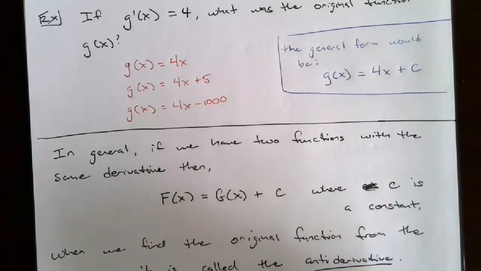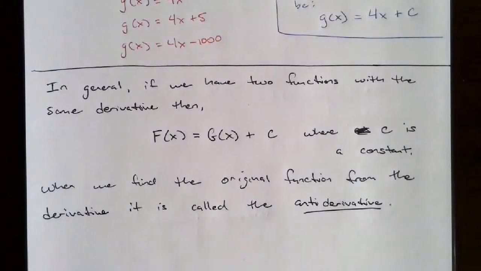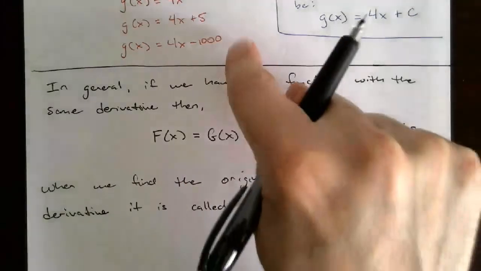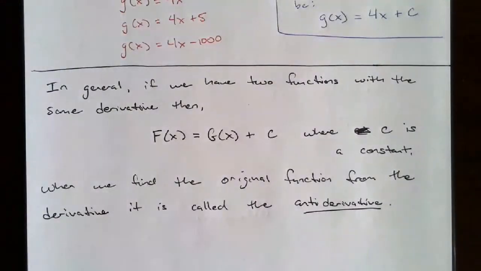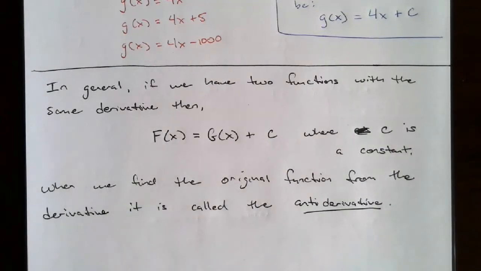So when I say we're trying to find the antiderivative, you're trying to find the original function from the derivative. All this is saying is that the functions differ by a constant like we had above. When we try to find the original function given a derivative, we're finding the antiderivative, and that's what we call antidifferentiation when we're doing this.